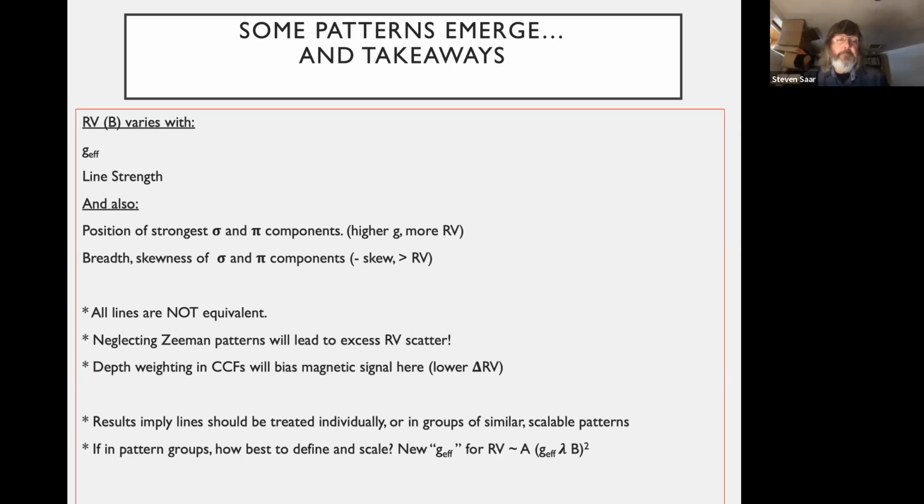So all lines are definitely not equivalent. Neglecting the Zeeman patterns can lead to quite a bit of excess RV scatter buried in your signal. Depth weighting when you make a CCF is going to bias you in velocity towards the signals of the stronger lines, which tend to have actually lower delta RVs due to this magnetic field effect.